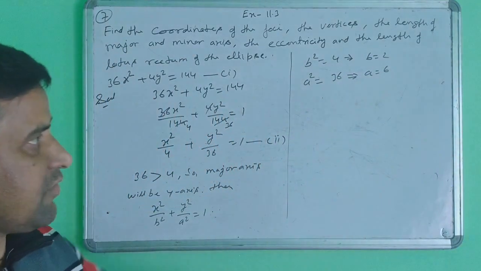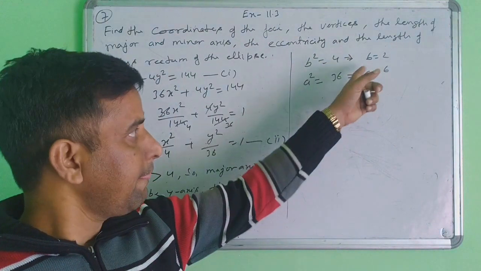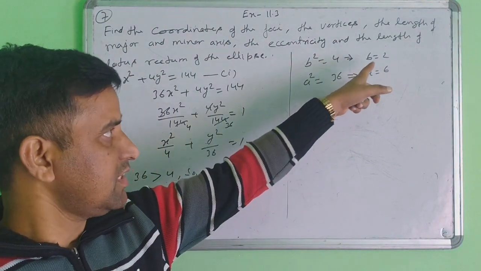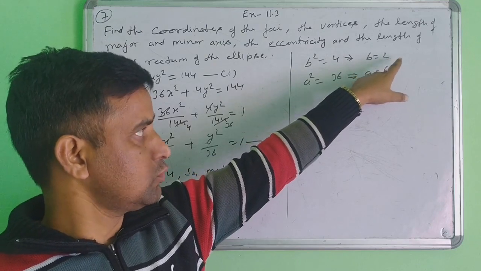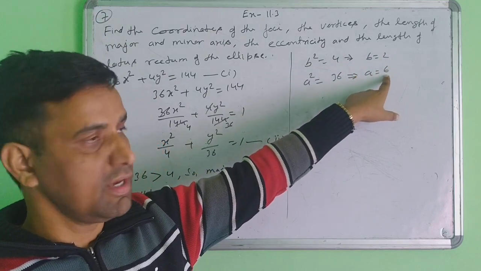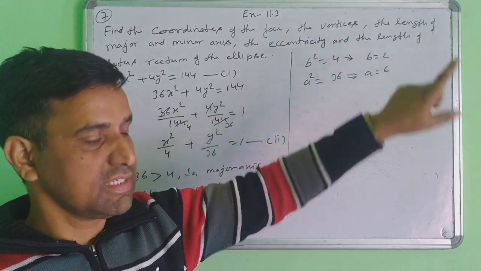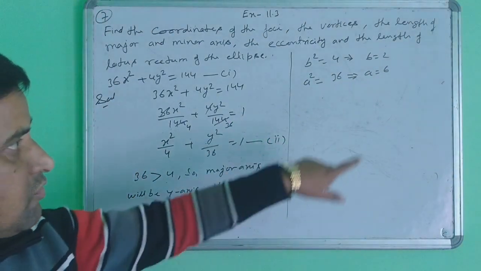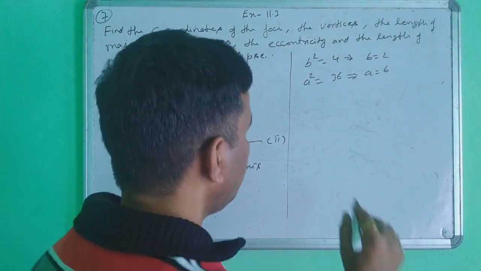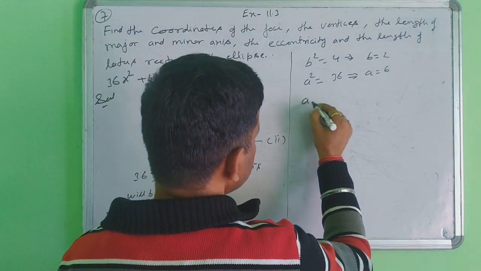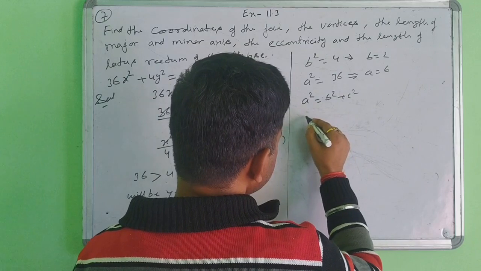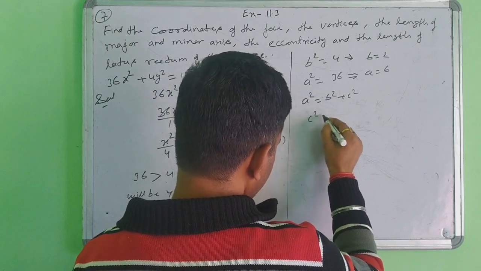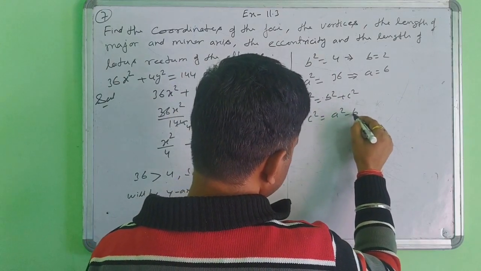Then you can easily find the vertices of the ellipse. The vertices are plus minus 2, 0, and your major axis vertices will be 0, plus minus 6. After that you will find the value of c. You know the identity: a square equals b square plus c square. So c square equals a square minus b square.